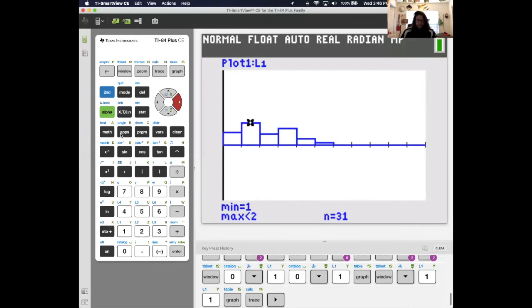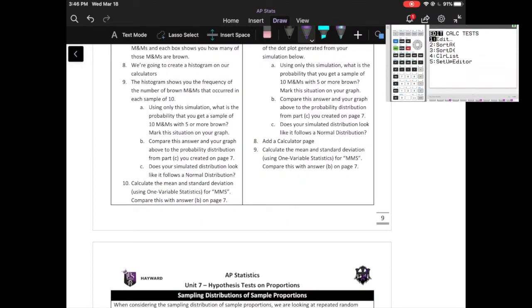And it says for number 10, calculate the mean and standard deviation using one var stat for the M&Ms. So we're going to go ahead and go to stat. We're going to go to calc and one var stat. We'll make sure that it says list 1, frequency is blank, and then calculate. X bar shows 1.83, which means that the average number of brown M&Ms for this case is 1.83.